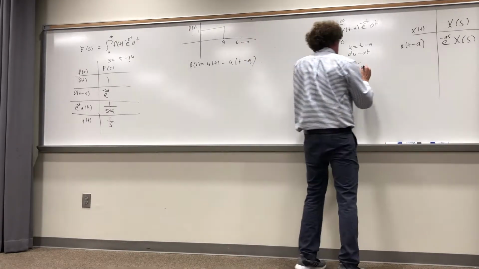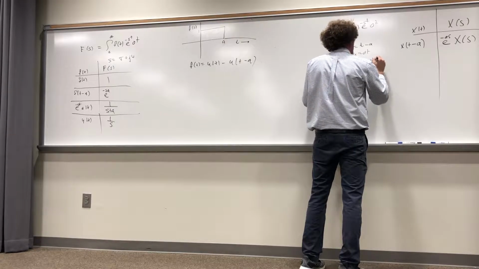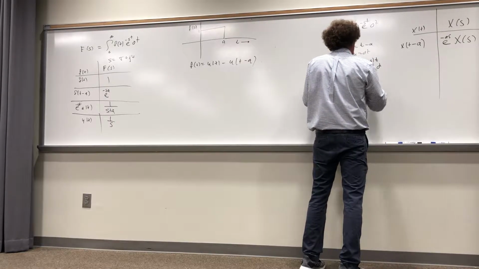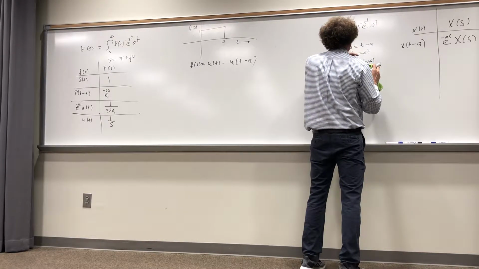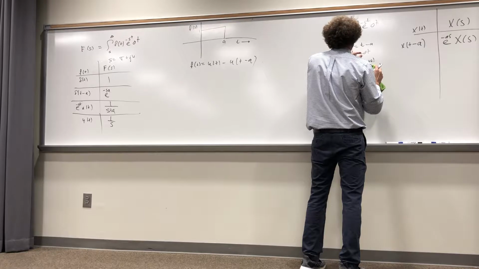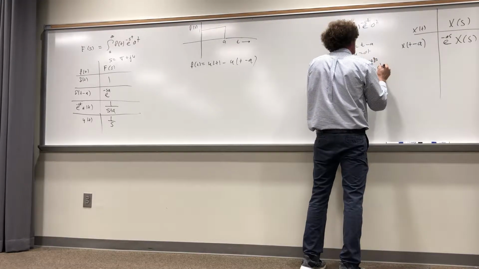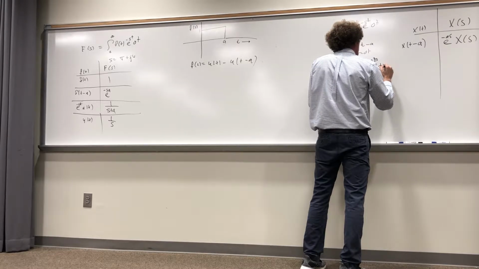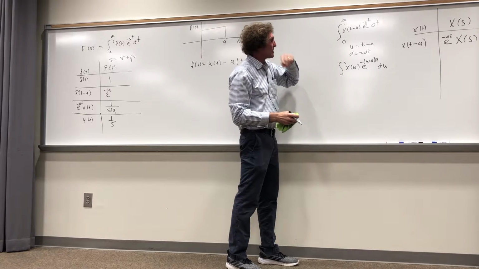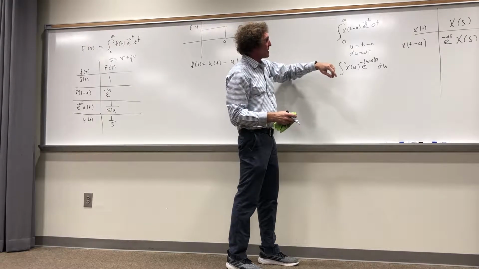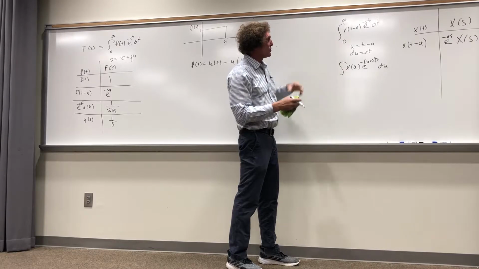So this becomes e to the minus u plus a times s, then times du. And now, here's the thing, if t goes from 0 to infinity, u, well, let me see.